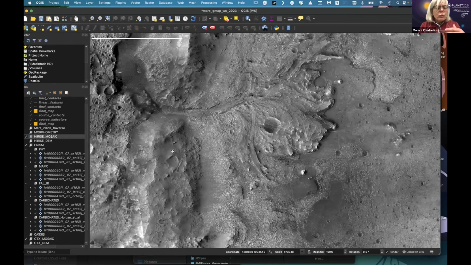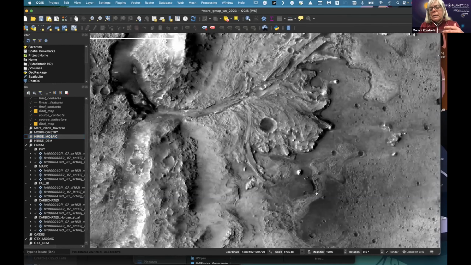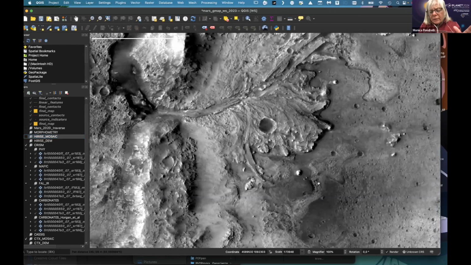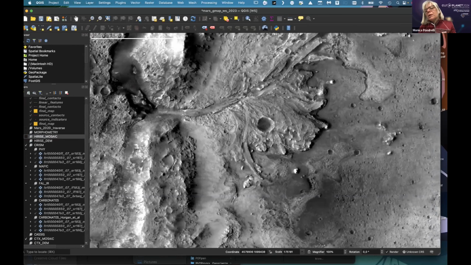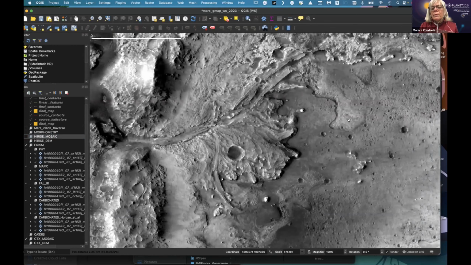So you can also look at these images, CTX and HiRISE, but also the CRISM context, to see if you really agree on dividing this unit into different units, or maybe it's safer to map this unit as just a single one.